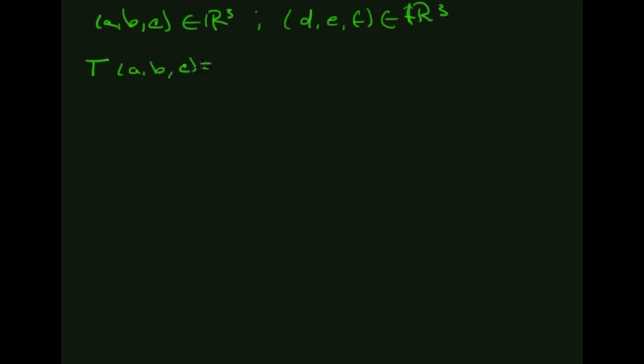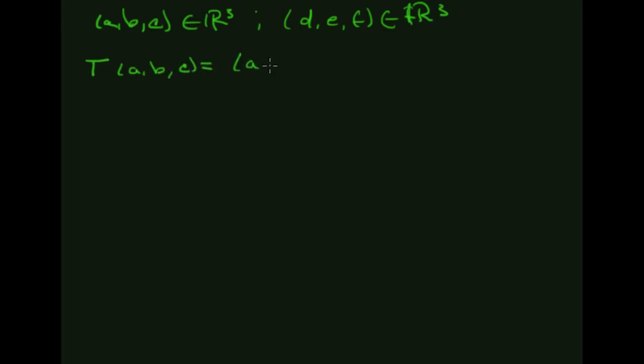So let's create two vectors in R3. We'll call the one (A, B, C), and we'll call the other one (D, E, F). Alright, so these are both in R3. So the first thing is to take the linear transformation of each of them.